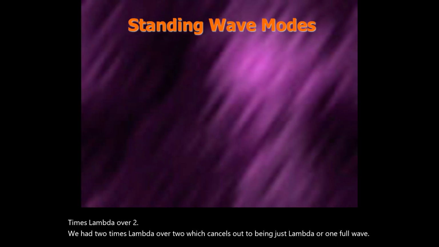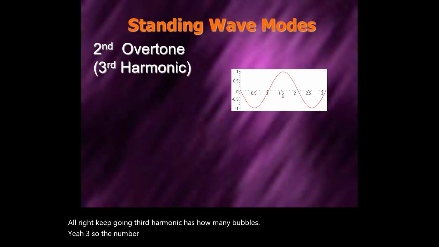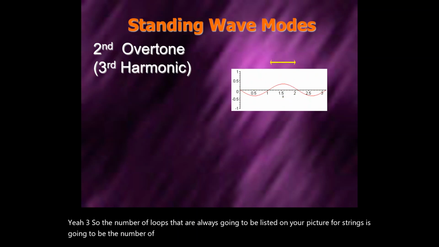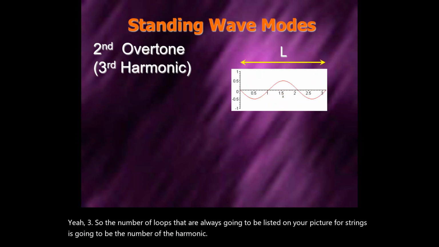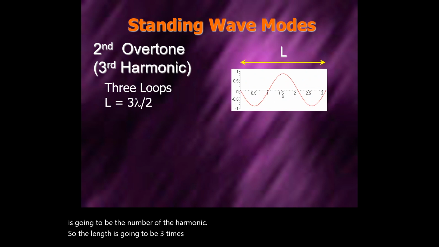All right, keep going. Third harmonic has how many bubbles? Yep, 3. So the number of loops that are always going to be listed on your picture for strings is going to be the number of the harmonic. So the length is going to be 3 times lambda over 2, which does not reduce down.